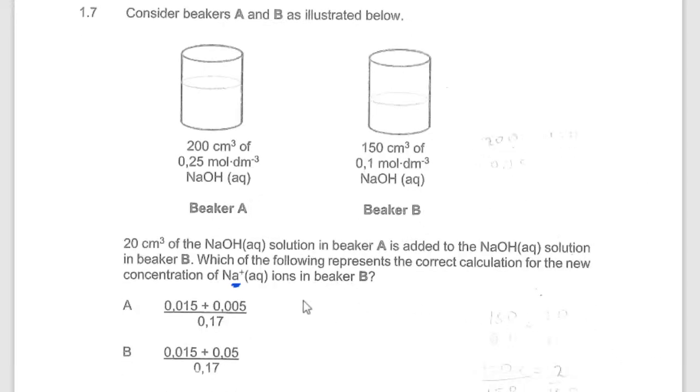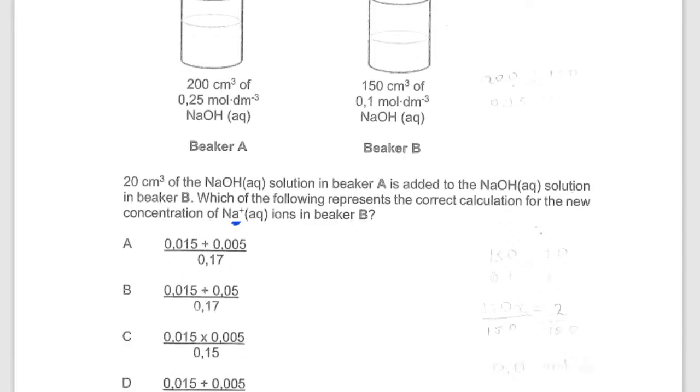Don't forget that they are not saying that all of it is going in there. No, what they are saying is that only 20 cubic centimeters is being added. Meaning that you have to find the number of moles found in 20 cubic centimeters.